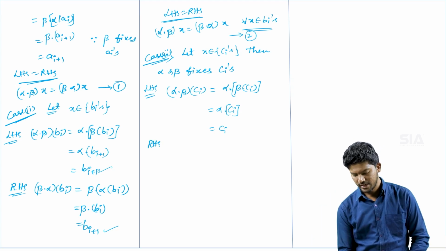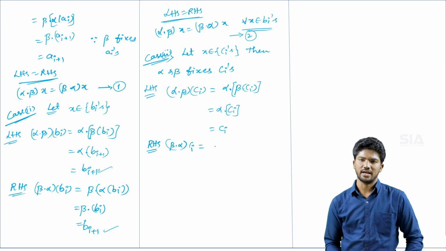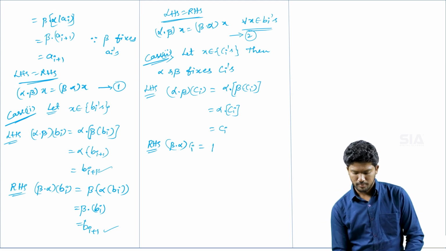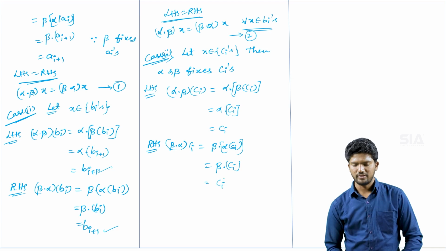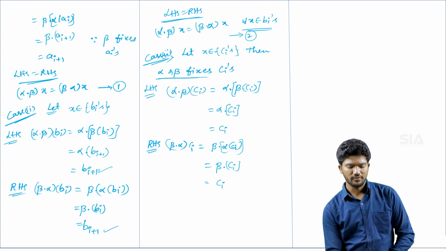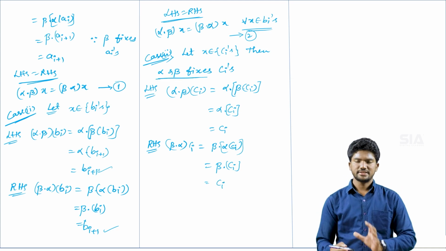Next the RHS: you can write beta into alpha into c suffix i. So that implies beta into, again, c suffix i. So therefore again c suffix i. Why? Because from this condition alpha and beta fix c suffix i's.